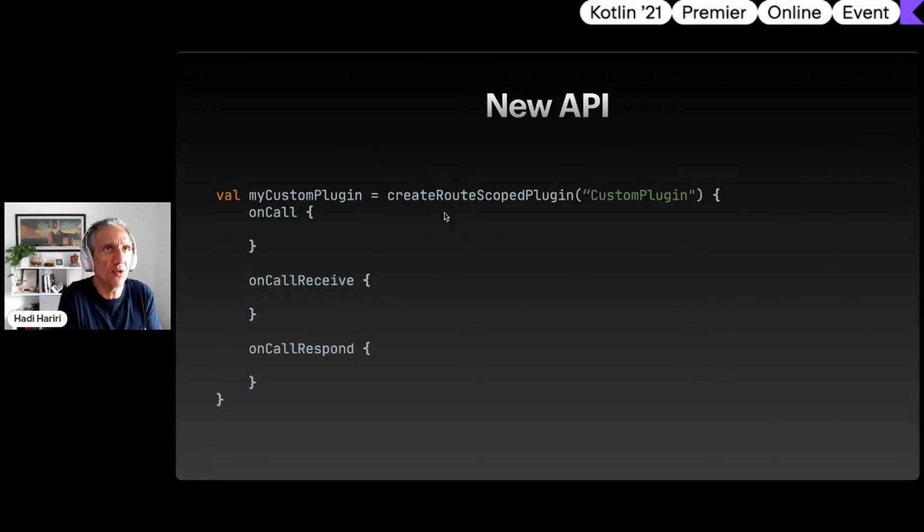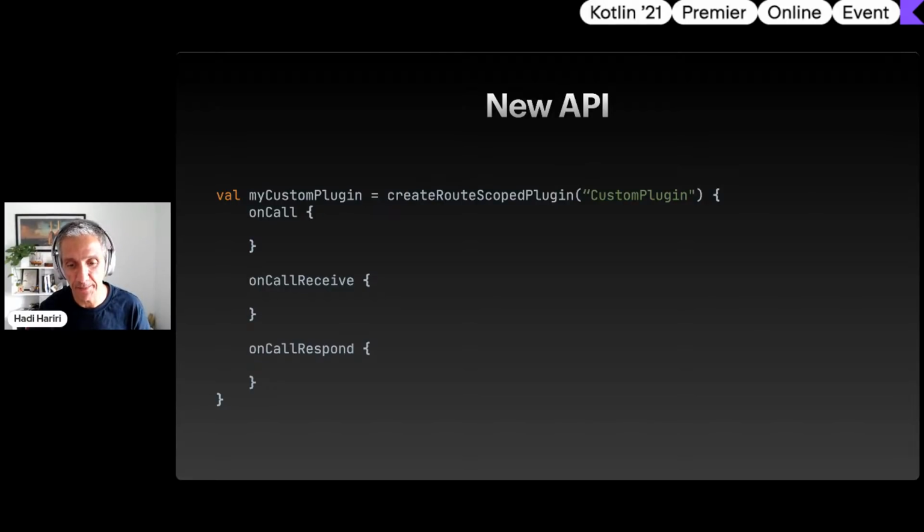Now, obviously, you could also do this using the application plugin, and the first step of your plugin would have to parse the route that's coming in, for instance. But the point here is that if you actually create rooted plugins, you can have different ones for different routes. Okay, so these are some of the simplified APIs that we're adding to Ktor.